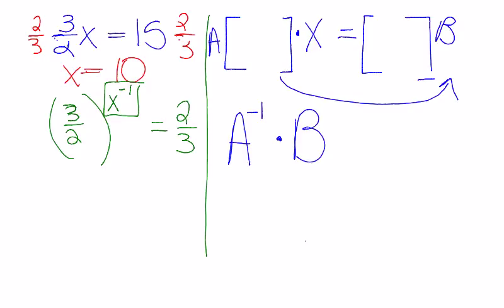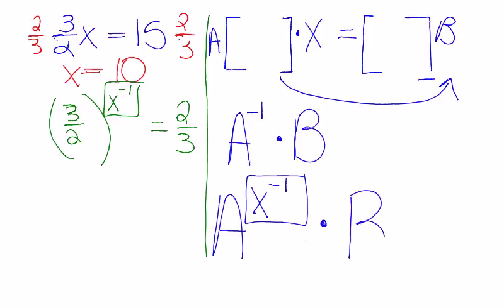When you do your calculator, if you've seen the video on how to enter a matrix in the calculator, you're going to go and select, after you've entered A and B into the calculator, you're going to go and select A, and then you're going to get your X inverse button, and then you're going to multiply, and then you're going to select your matrix B. After that, you'll be able to find your answer.